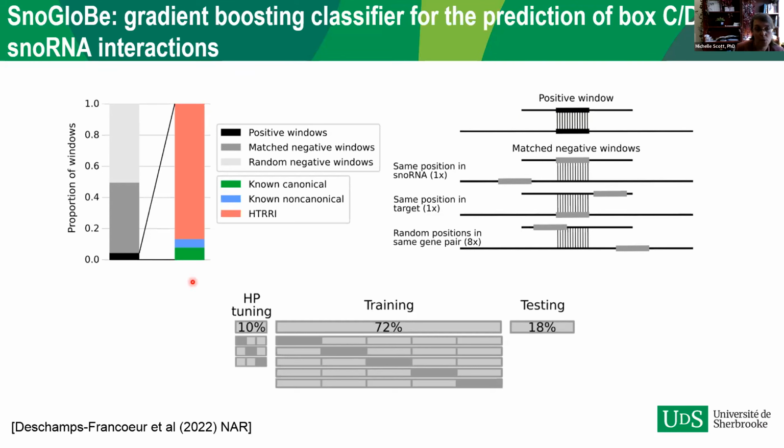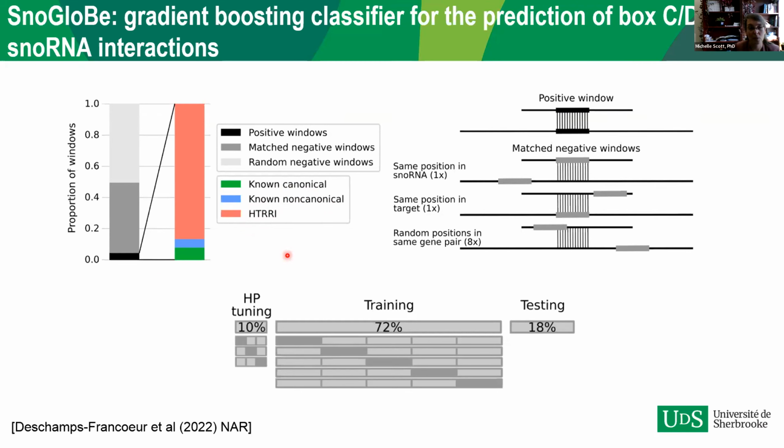The positive examples I've already described to you: the known canonical, known non-canonical from the literature, and the high throughput RNA interactions from the Paris, Ligr-Seq and SPLASH data sets. For the negative examples that we need to present to the predictor, this is always a problem in bioinformatics because not very many people publish papers describing non-interacting RNAs.